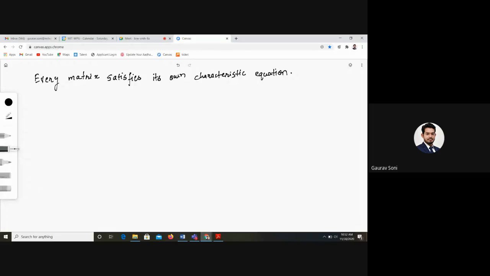Then for a 2 by 2 matrix, say A11, A12, A21, A22, this is the matrix A. The characteristic equation for a 2 by 2 matrix will be given by lambda square minus (A11 plus A22) into lambda plus determinant of A is equal to 0.